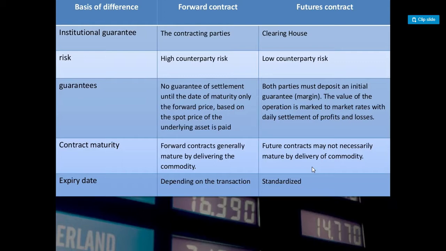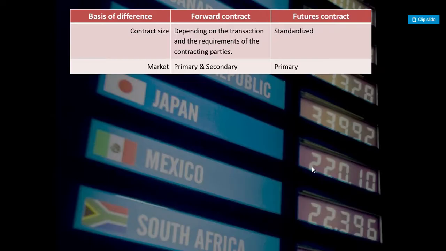Whereas a future contract is a standardized one, so risk is low in a future contract. Contract size depends on how big the transaction is and the requirements of the contracting party, whereas in a future contract it is standardized.